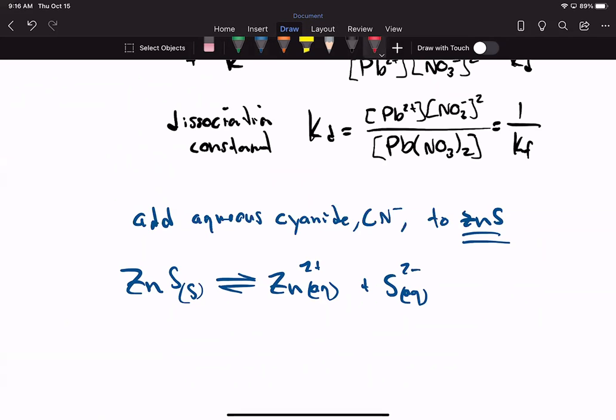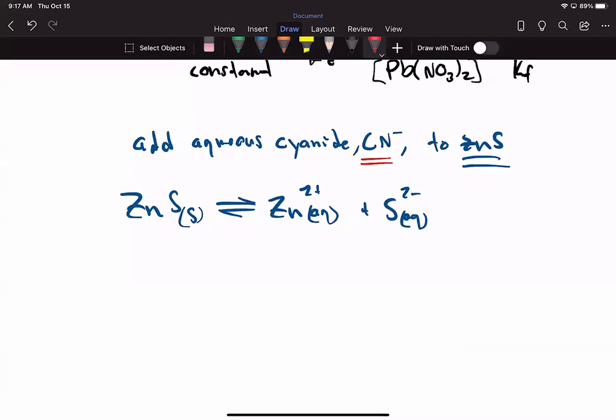But now we need to introduce that. So we're taking the zinc sulfide and we're going to put it into a solution of cyanide, which means that our zinc ions are going to react with that cyanide. For these types of reactions, I will provide you the saturated solution.